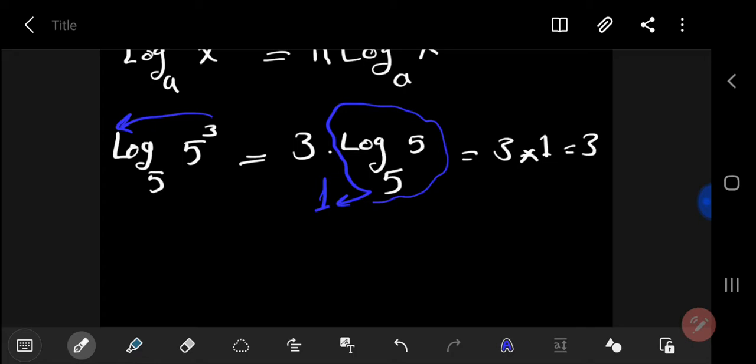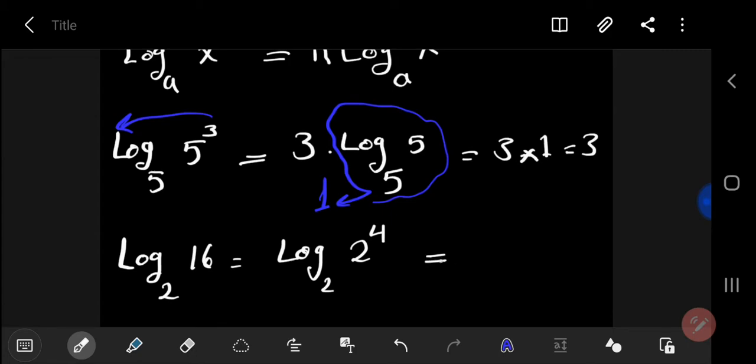So another example for this property, I have log base 2 of 16. So I can find the result of this log. I will use a trick. That means log base 2, I will transform 16 to powers, like 2 to the power 4.